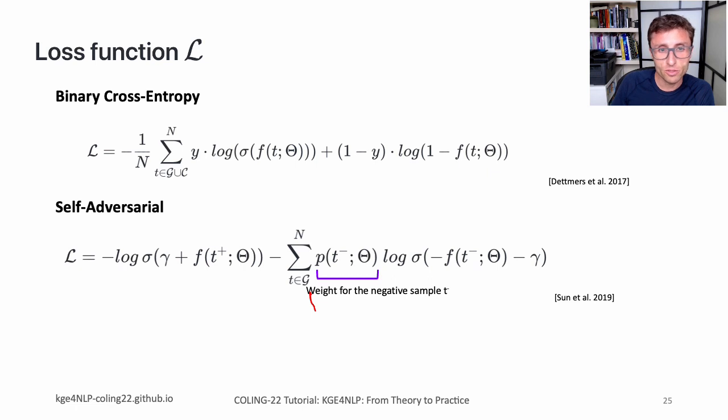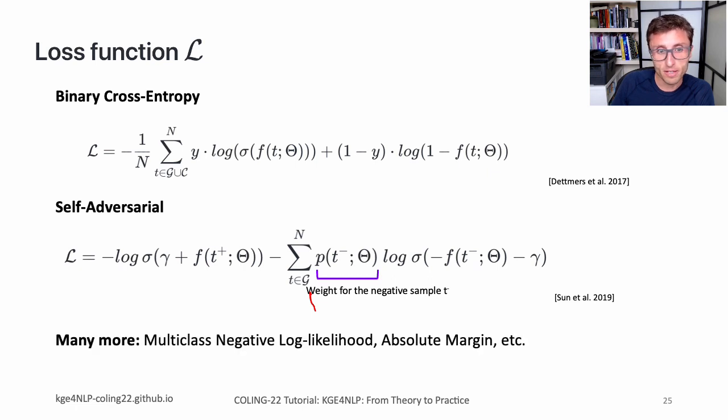But again, without going into fine-grained details, it suffices to say that there are many more loss functions out there, like multi-class negative log likelihood, absolute margin, and so on. So this is a rich area, and the combination of scoring functions and loss functions is probably what determines the greatest differences between papers in this domain.